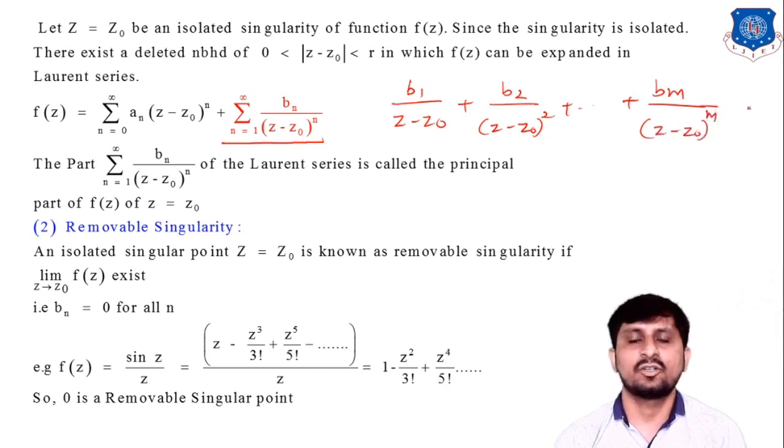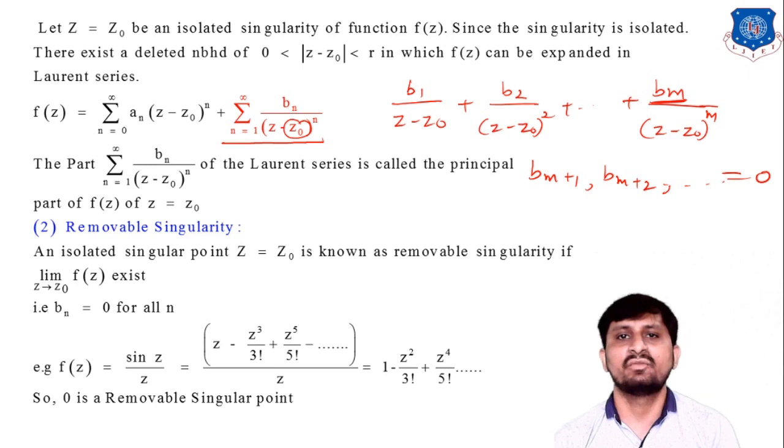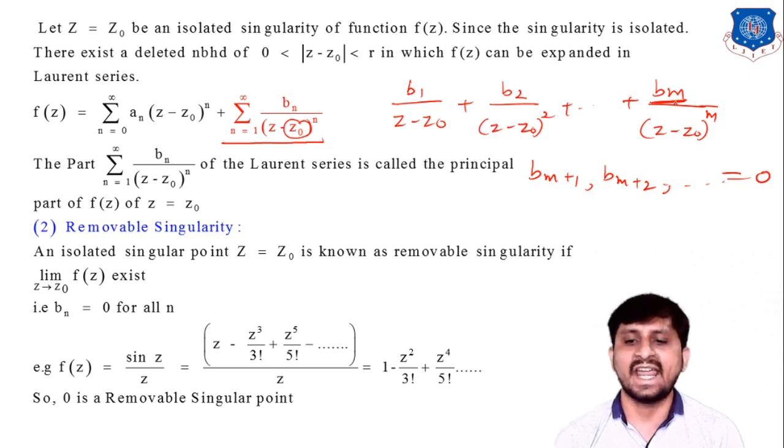And after that, all the terms are 0. That means the values of bm plus 1, bm plus 2, and so on, are all 0. That means there are only finitely many terms, up to bm. So in that case, z0 is called a singular point with pole of order m.